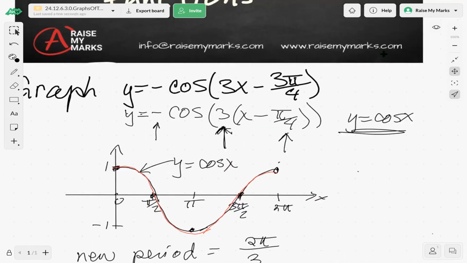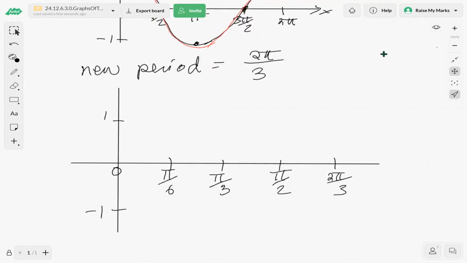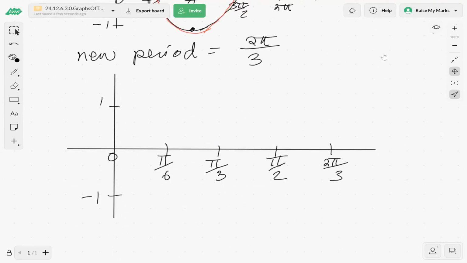Our period has been condensed, but now the pi over 4 is a translation to the right pi over 4 units. Before we do that, let's just draw in our new compressed curve.